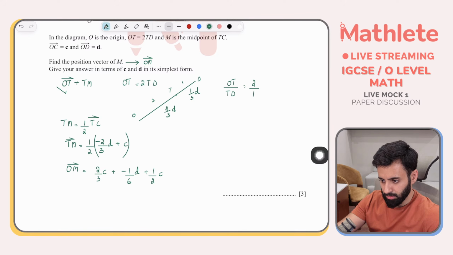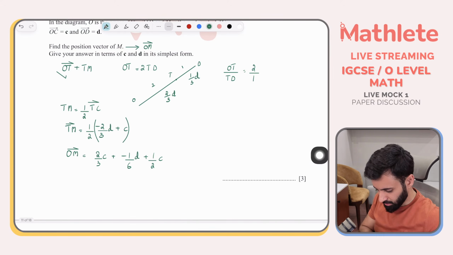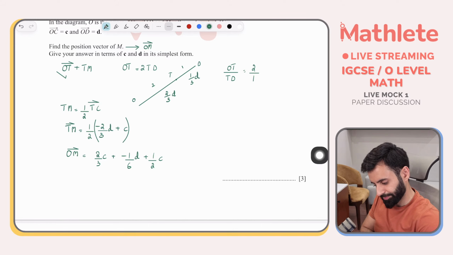Just a minute. Let's see how we can simplify this further. So 2 upon 3C plus 1 upon 2C. ठीक है, इसको simplify करते हैं.